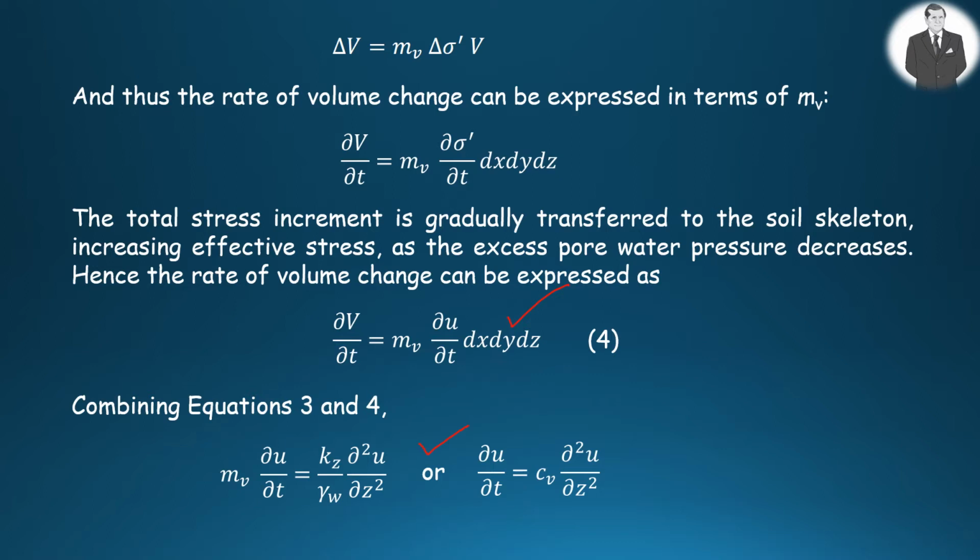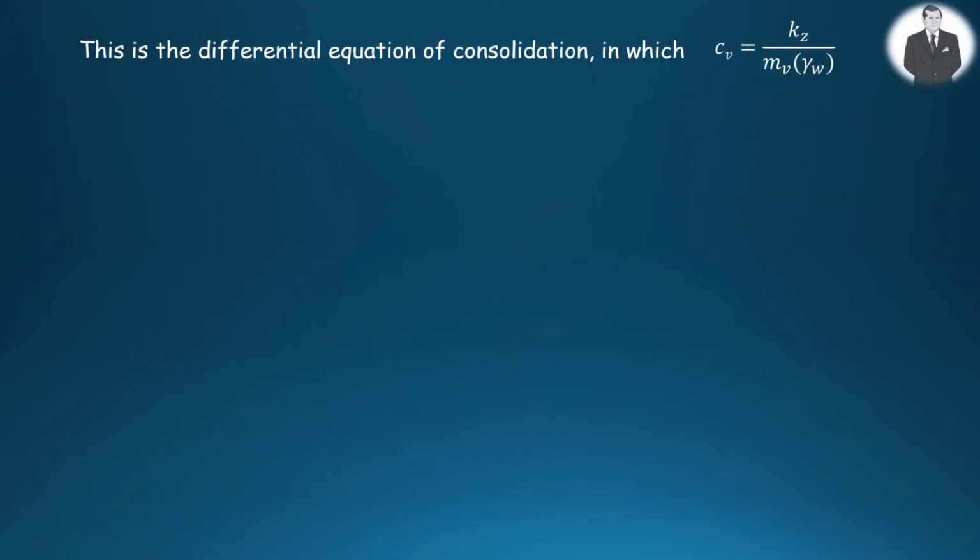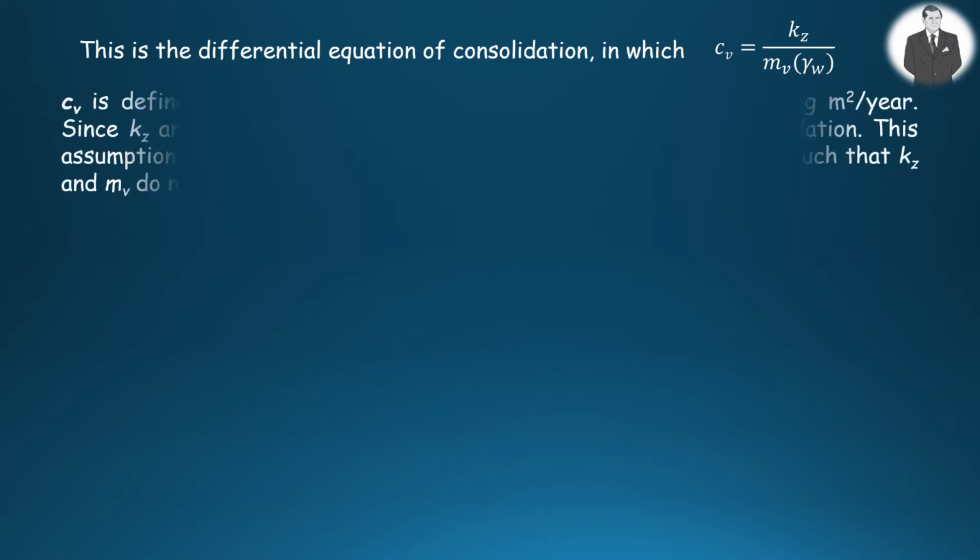Now, this expression is the differential equation of consolidation, where C sub v is equal to K sub z over m sub v times gamma sub w.